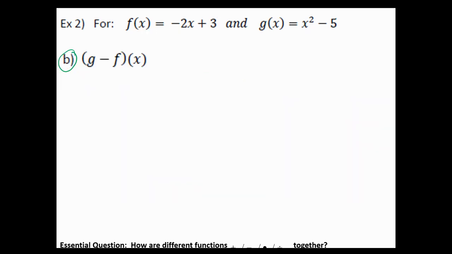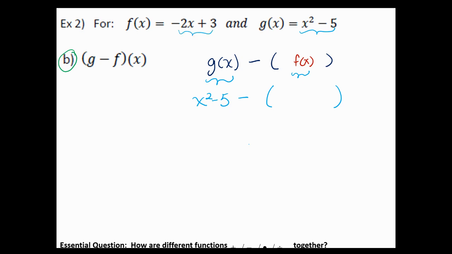Okay, let's do the next one. So g minus f of x. So g of x minus parentheses. Then inside there, we'll put the f of x. So how much is the g of x? It's right here. So x squared minus 5 minus, sorry, parentheses, and now I'll put in the f of x, which is right here.